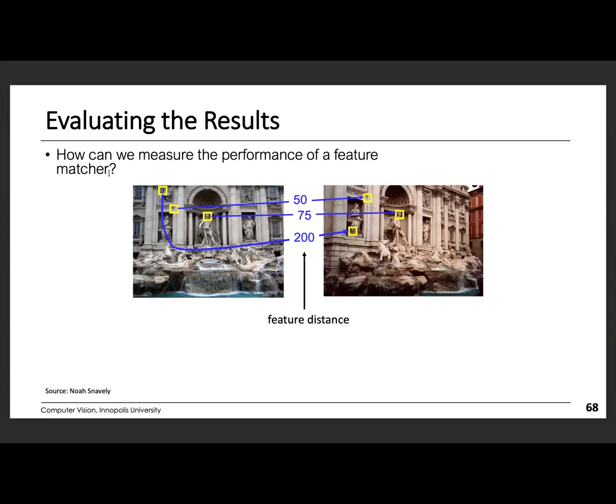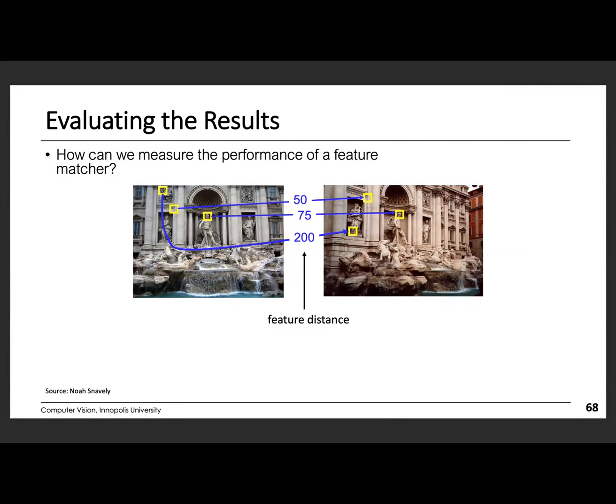So here, for example, how can we measure the performance of a feature matcher? This is based on the feature distance. I think this is in Rome, like the fountain thing. And they have the head of this statue. We were able to match it directly to this head.